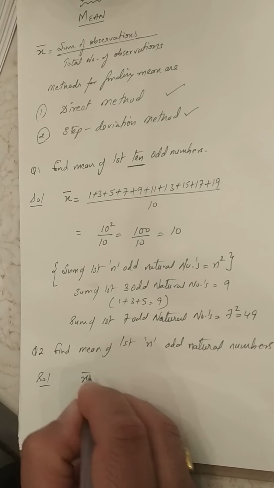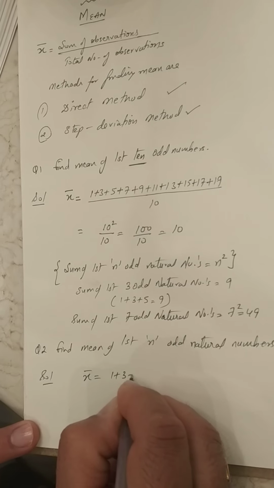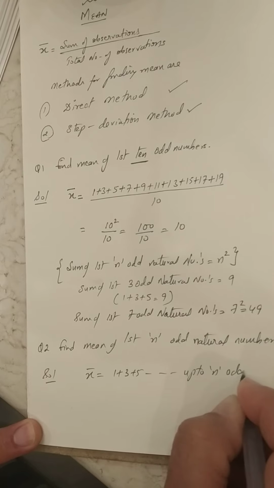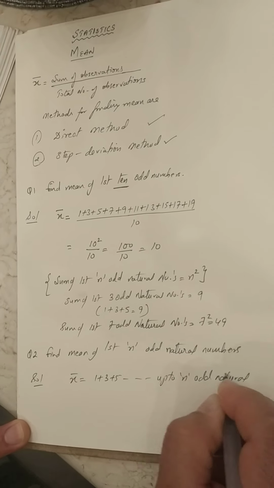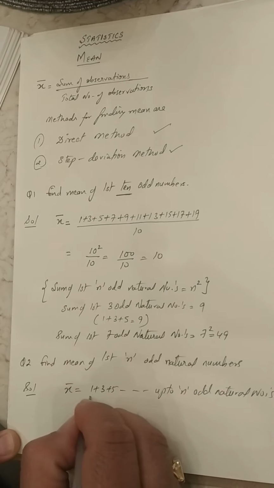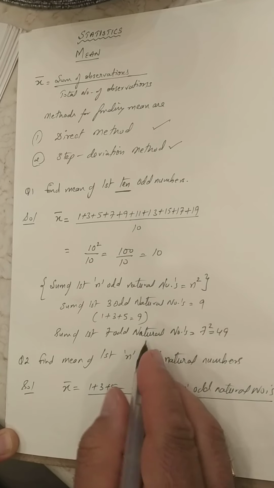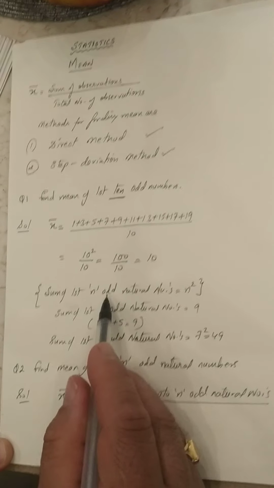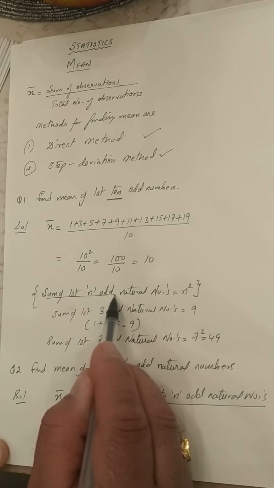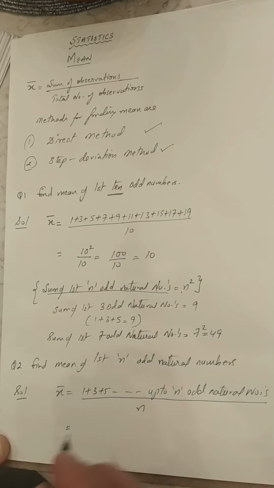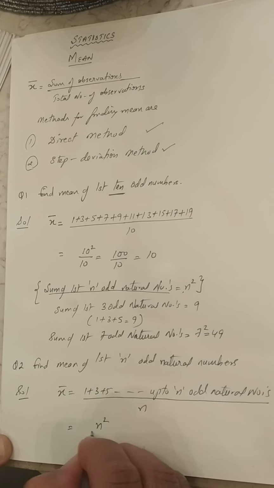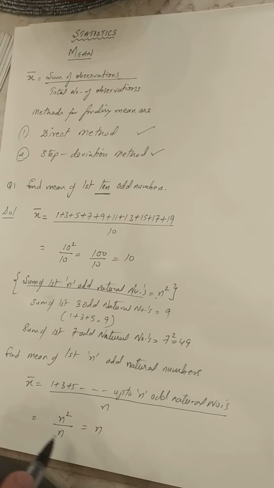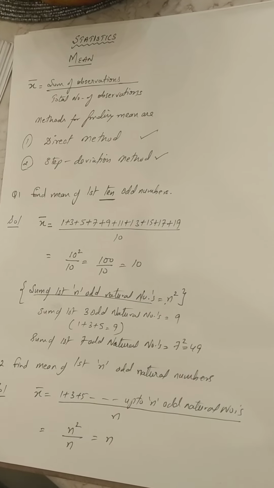X bar is equal to 1 plus 3 plus 5 up to n odd natural numbers, divided by how many odd numbers there are? N odd numbers, so divided by n. We have written that the sum of the first n odd natural numbers is equal to n square. So the sum will be n square divided by n, and therefore it comes out to be n. So the mean of the first n odd natural numbers comes out to be n, right?